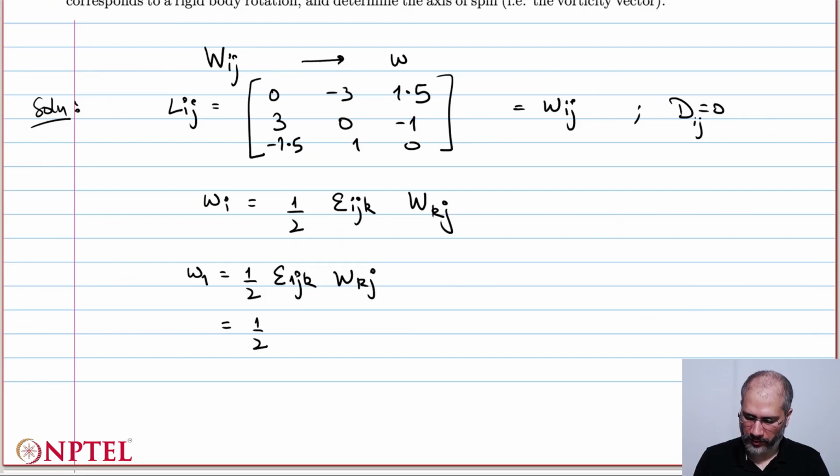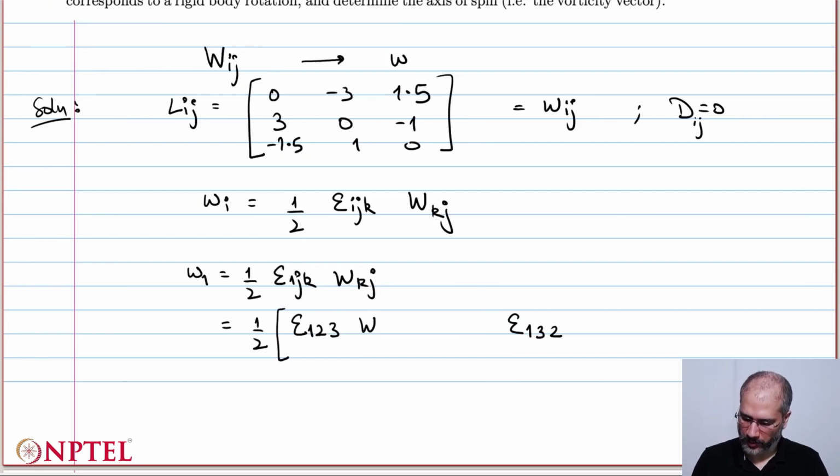So this becomes half of epsilon 1. Now I'll take j equal to 2 and k equal to 3 because the only two possible values for j and k are j equal to 2, k equal to 3, and j equal to 3, k equal to 2. Because for any other combinations, epsilon will turn out to be 0.